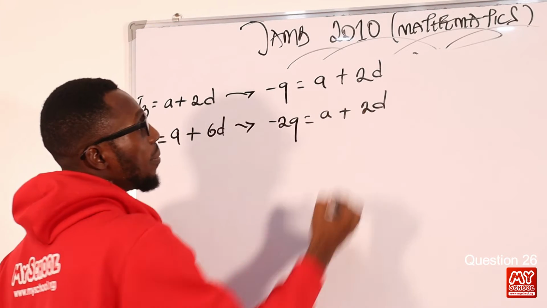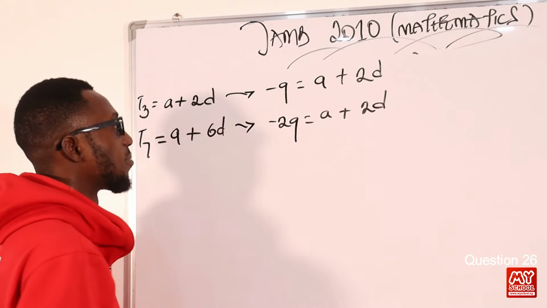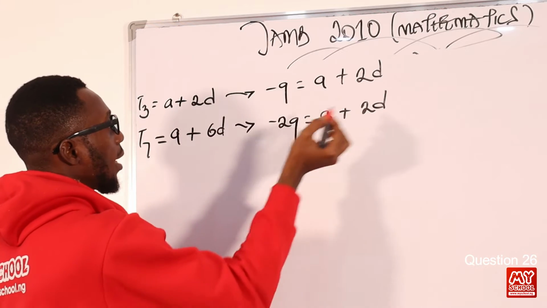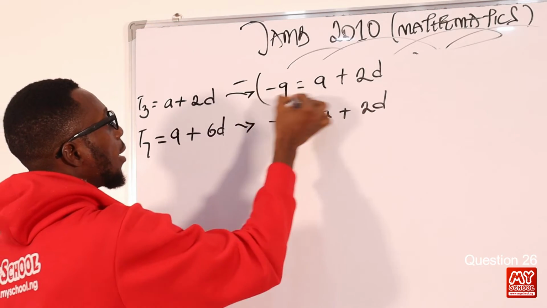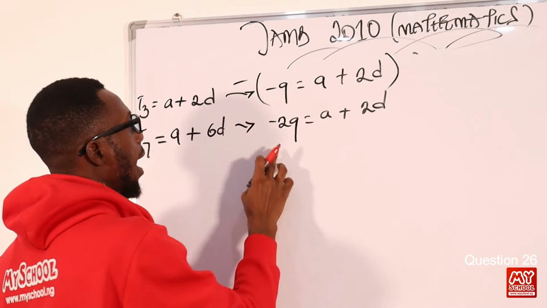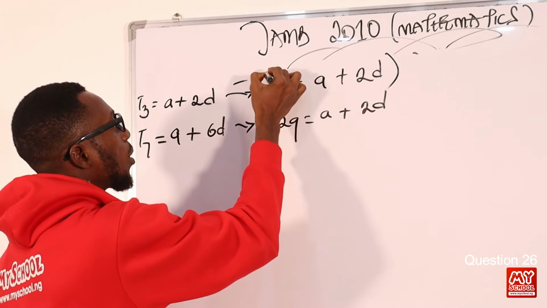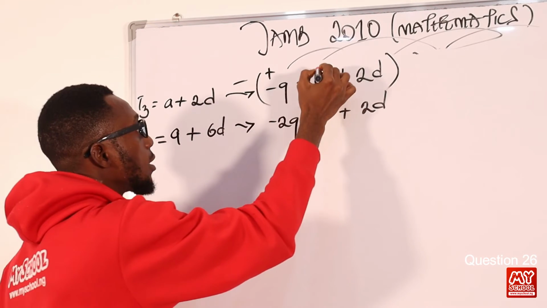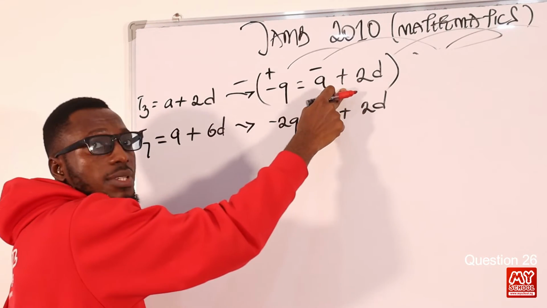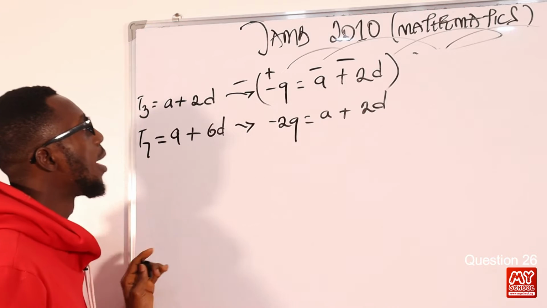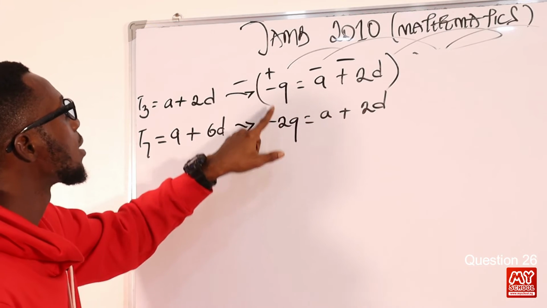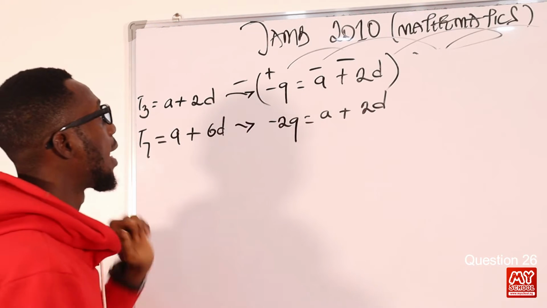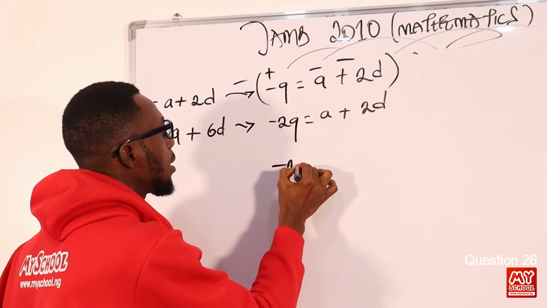So remember, we can use our elimination method. So if that is the case, minus affects everything here. All right, so I have minus times minus, this becomes plus, minus times plus, this becomes minus, minus times plus, this becomes minus. So if I have -29 plus 9, that amounts to -20.